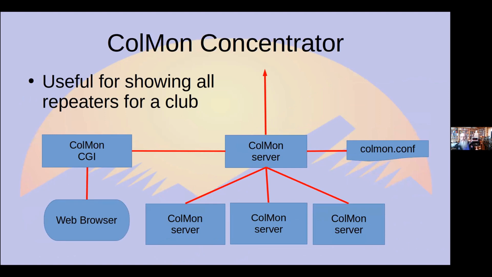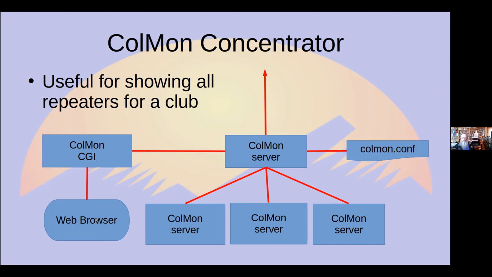So we call those concentrators. So for example, if you have a club and you have several Allstar link nodes, each of them have a CallMon instance running individually, but you want to see your entire system, you can have a CallMon server that simply talks to all of those ones that actually run on the individual nodes, and use that to then view the whole system.